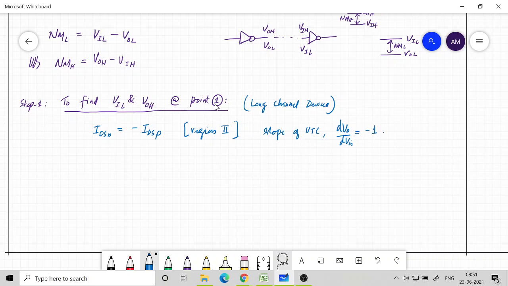So we write the equation for current and equate, as before when we found the trip-in voltage. In a similar way we start, but now the only difference is that the NMOS is in saturation and PMOS is in triode region, so we need to write the appropriate equation.